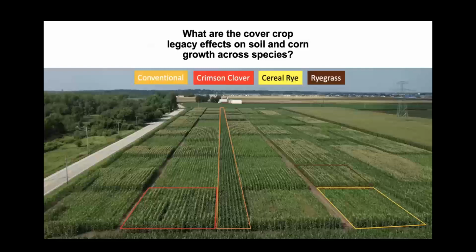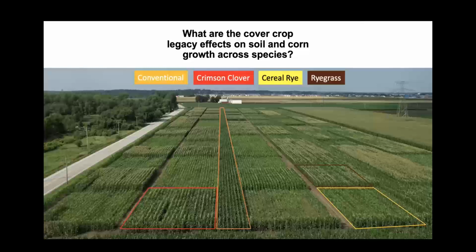So, I think this is my last slide. You can already see, after we started this experiment at an old farm, we got a nice new farm, so we moved it. This is corn, the first year after the cover crops, and here's what the cover crop legacy was: crimson clover, cereal rye, ryegrass. You can see after one year, and this is conventional, a lot of variation in how green the corn is, how tall the corn is, what its flowering time is.